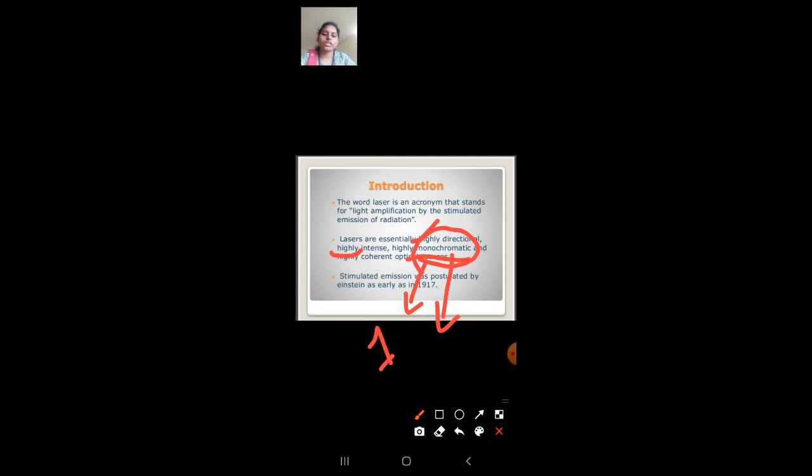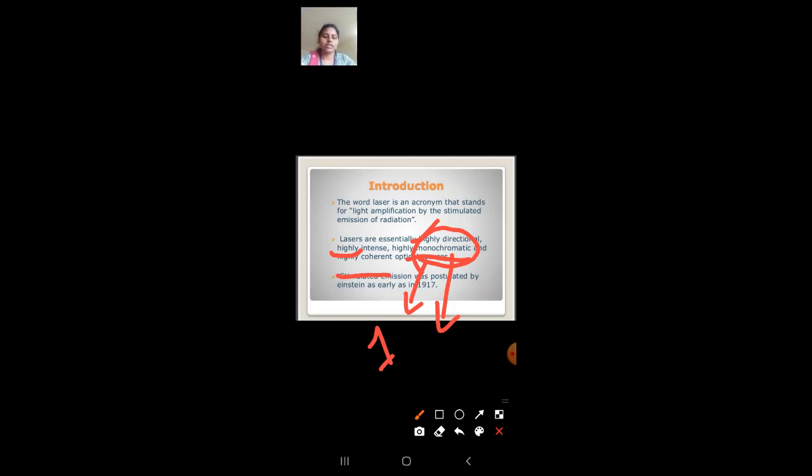And the fourth one is highly coherent. Coherent means all the rays have the same phase, or they travel in the same phase. Coherence is basically divided into two types: spatial coherence and temporal coherence.